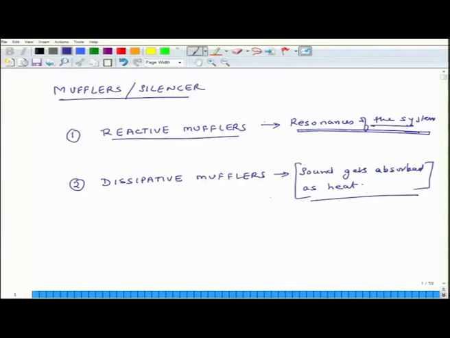So, in dissipative mufflers the important parameters are surface area and the material's absorptive property. In reactive mufflers, what is more important is not so much the material's absorptive property, rather we rely on geometry, because the geometry decides what kind of resonances will exist in the system. So, geometry and boundary conditions.